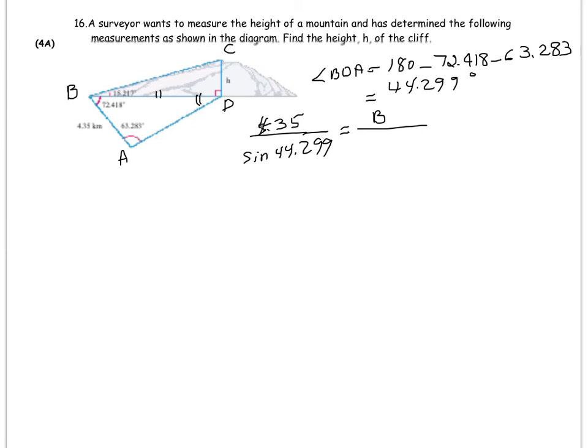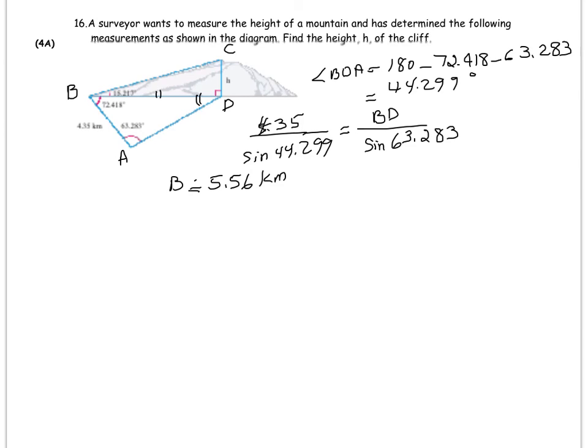So I'm going to say BD divided by sine of the angle in front of it, which is sine 63.283. Now, if you cross multiply, you will find that BD is approximately 5.56 kilometers.